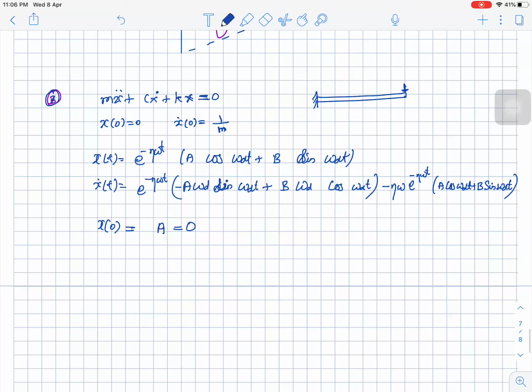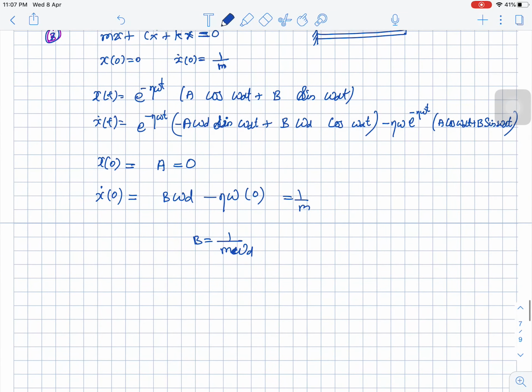X dot of 0 equals b omega d minus eta omega a, with a equal to 0 and the rest of the terms also 0, equal to 1 by m. So therefore b equals 1 by m omega d.